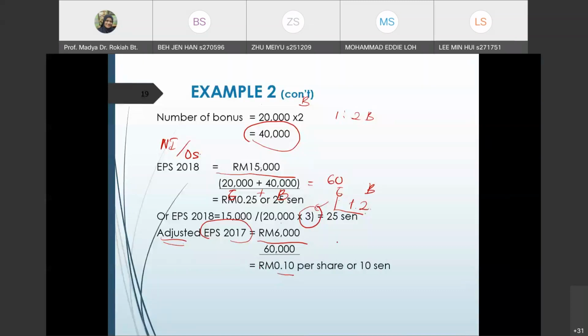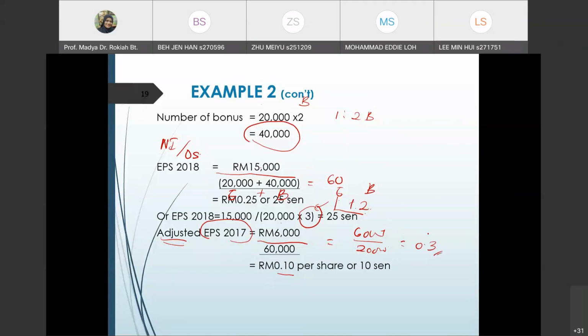So before this, the earnings per share for the year 2017, if you look here, you have 6 divided by 20. This is the existing, and then this is adjusted. 6 divided by 20 equals 30 cents. This one is before adjustment.